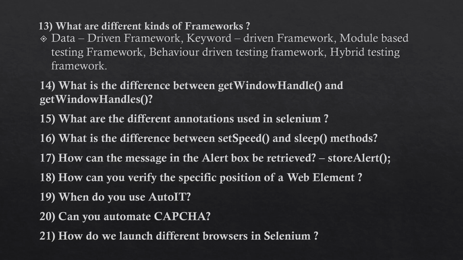If you want, you can search on Google as well. Here there are two methods: verifyElementPositionLeft and verifyElementPositionTop. With the help of these two methods, we can easily find where a particular web element is exactly located in the UI. If you want more information, you can search for that concept as well.